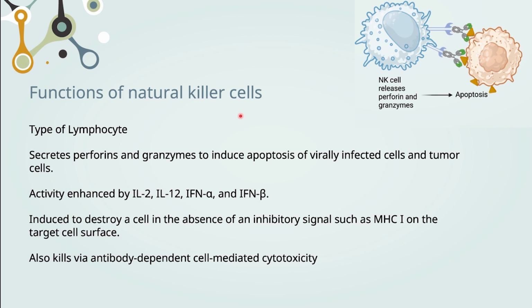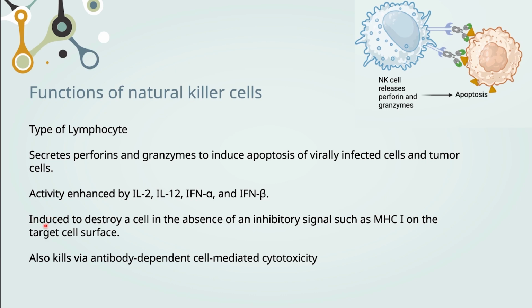Similarly, natural killer cells play a huge role in type 2 hypersensitivity by destroying cells via antibody dependent cell mediated cytotoxicity. We'll be talking about these in detail in our hypersensitivity video. As it is really important, I want to highlight this destruction of tumor cells by natural killer cells one more time.